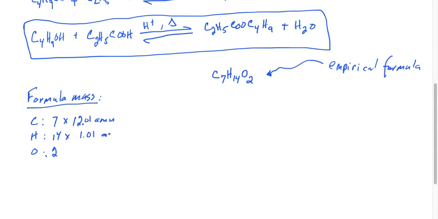Hydrogen is 1.01 AMU, and oxygen is 16 AMU. Okay. So if you take out your calculator, let's see here. So we got 12.01 times 7. That gives us right here 84.07 AMU.